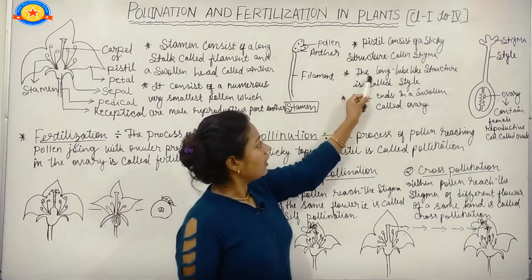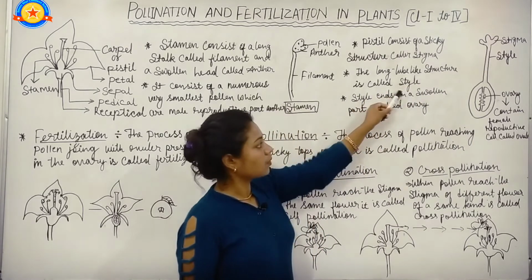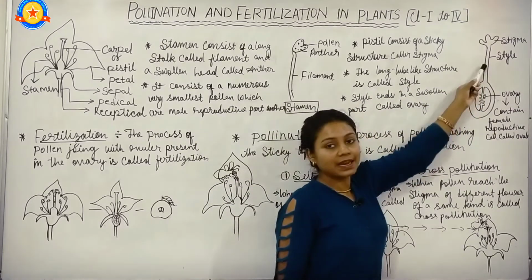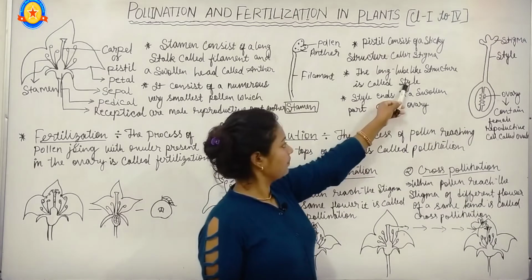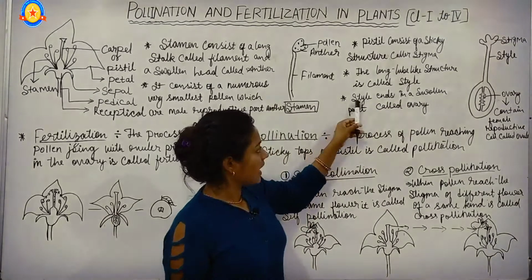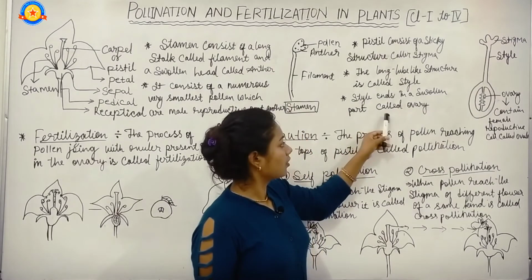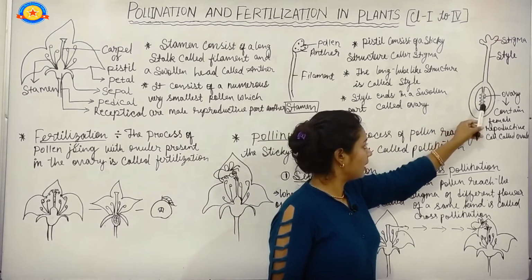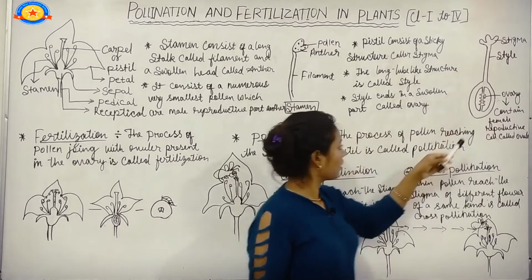The long tube-like structure is called the style. The style ends in a swollen part called the ovary.